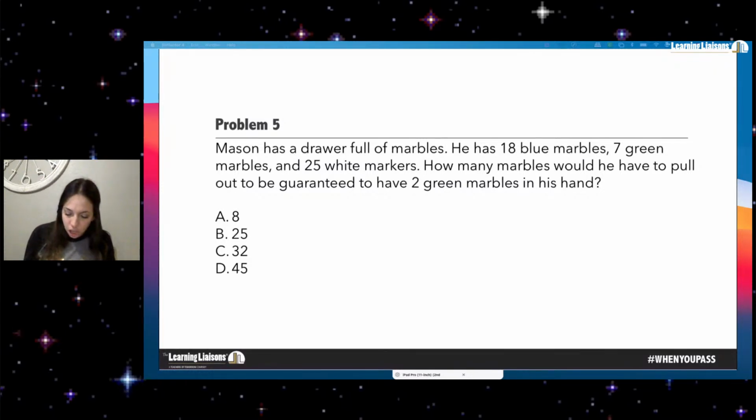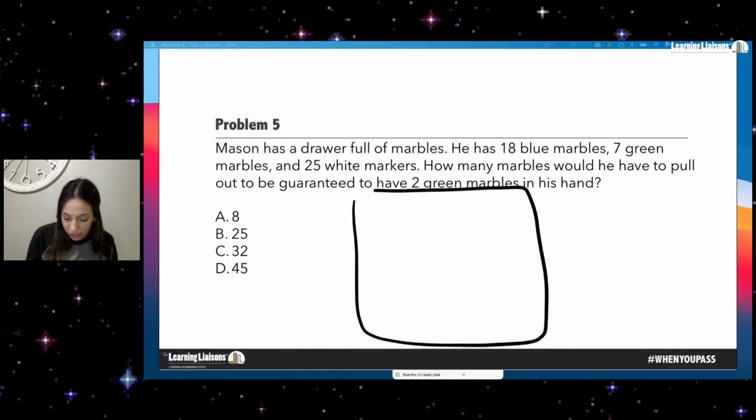All right, so we have our bag of marbles. And I'm telling you right now, even to this day, I've been doing this for a really long time, if this was my test, I would literally be drawing this.